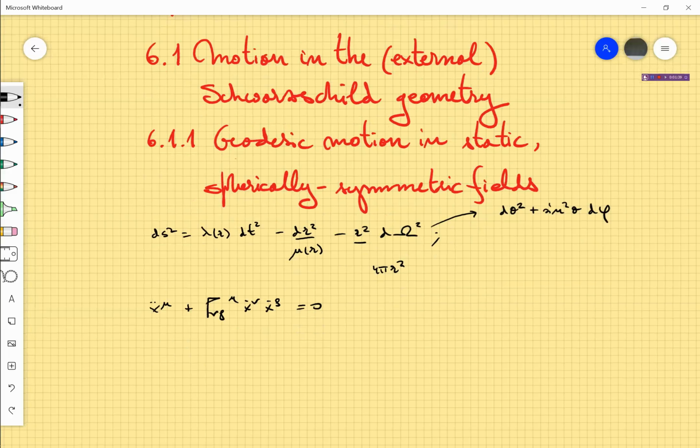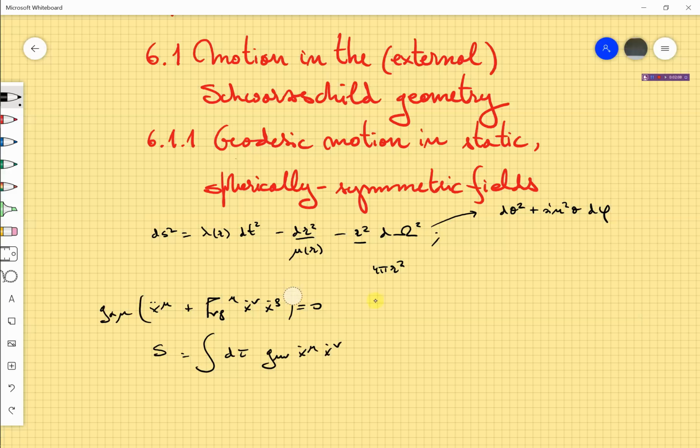An alternative would be to consider this functional and vary it, and then you find exactly the same equations, but maybe multiplied by something like this, because you get equations of motion that have a lower index.